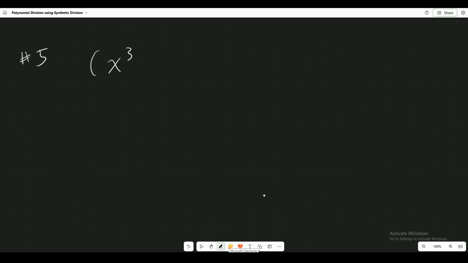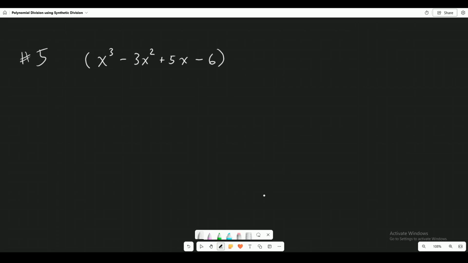All right, cool. x cubed minus 3x squared plus 5x minus 6. And we're dividing by x minus 2.